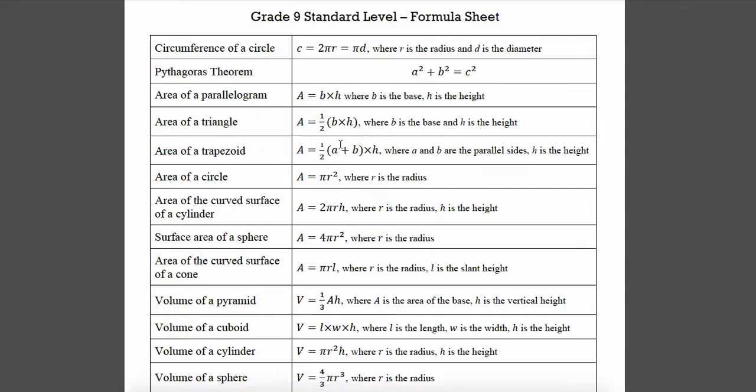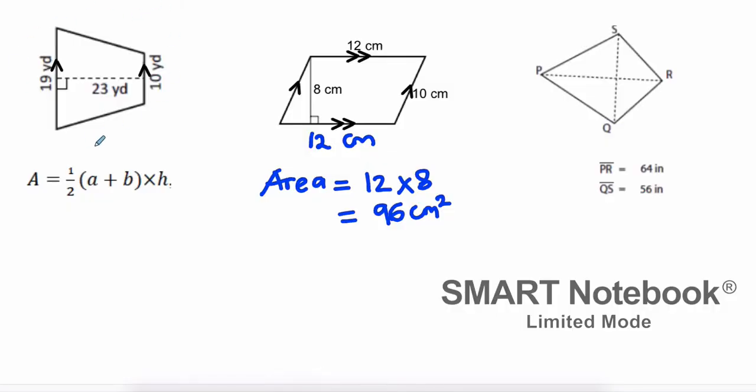Okay, the next one, area of a trapezoid or trapezium is a half times (a plus b) times h, where a and b are the parallel sides and h is the height of the trapezium. So in this case, if you have this trapezium, you see the two parallel lines here. You have to take both of them as a and b.